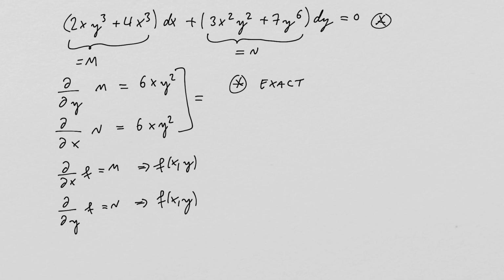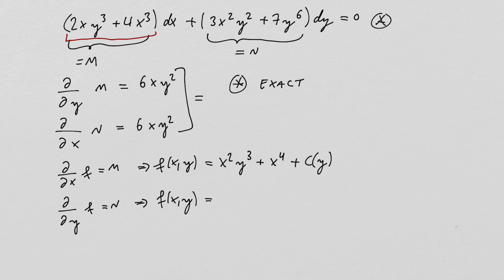Well, let's take m and let's integrate it with respect to x. We get that we should have something like this, plus some constant which might depend on y.